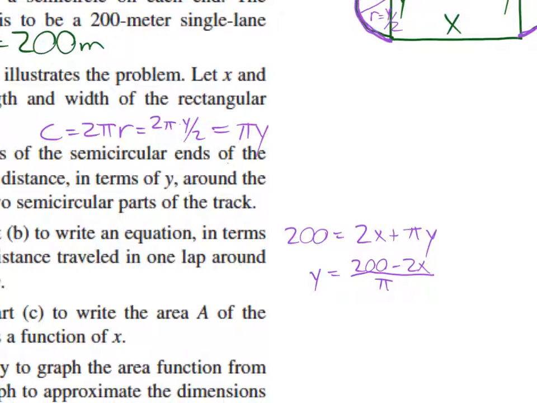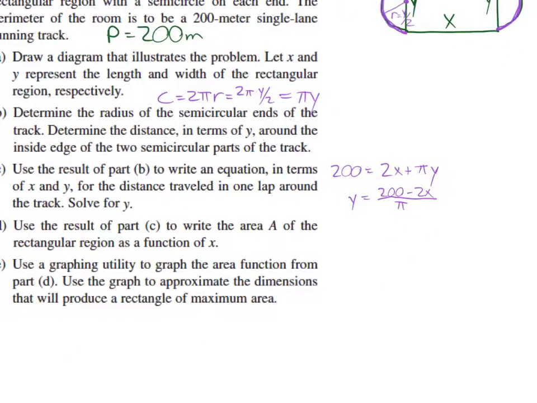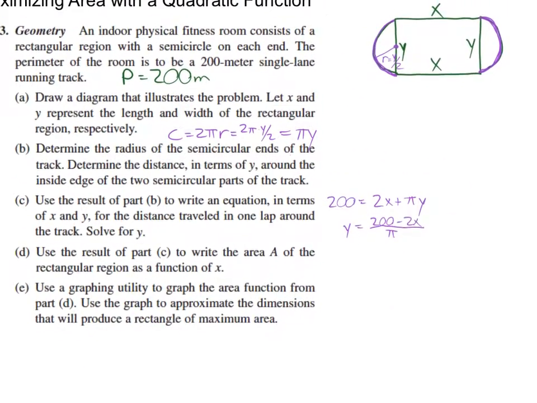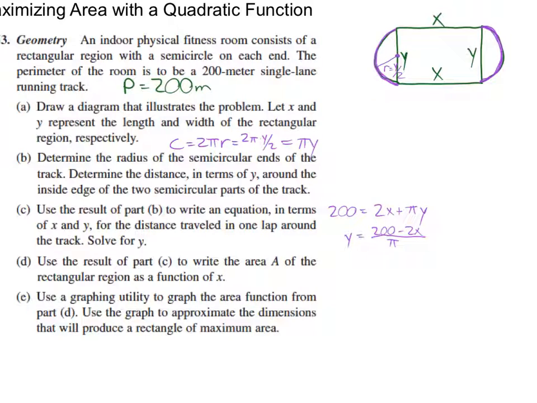Now it says use the result of part C to write the area of the rectangular region as a function of x. Well, here's the rectangular region. Area of a rectangle is length times width, which happens to be x times y.